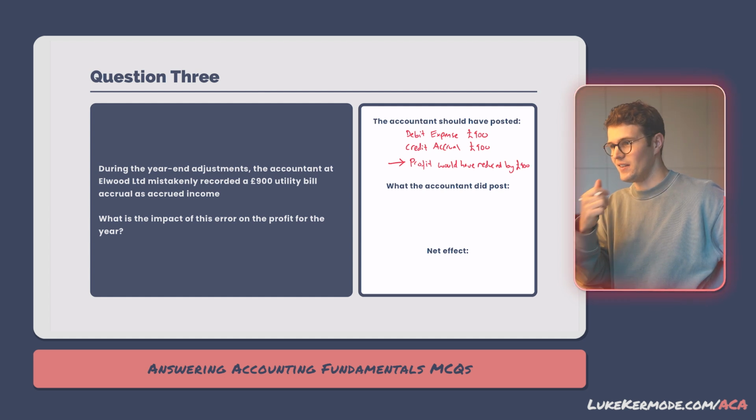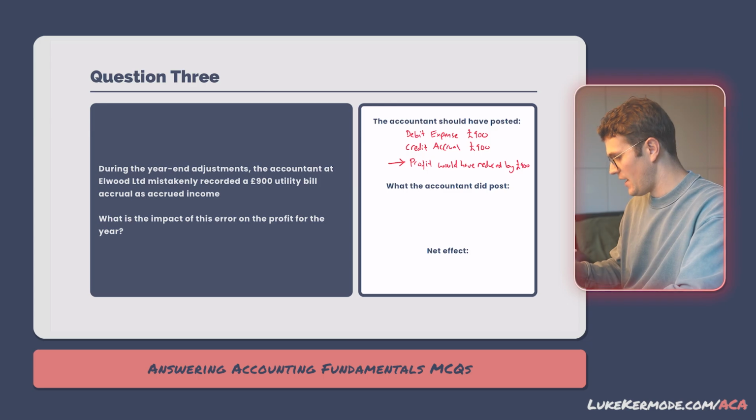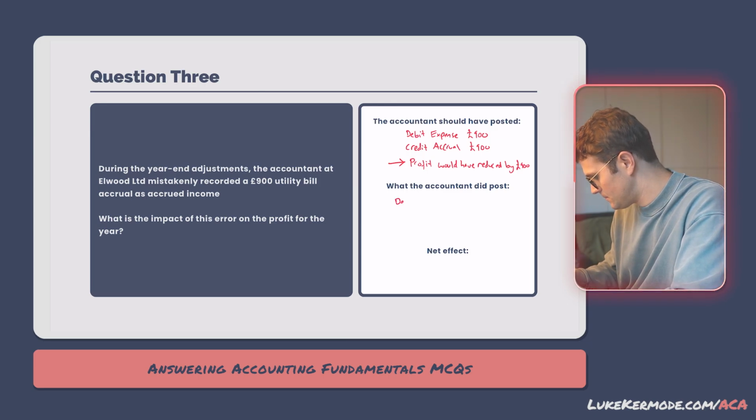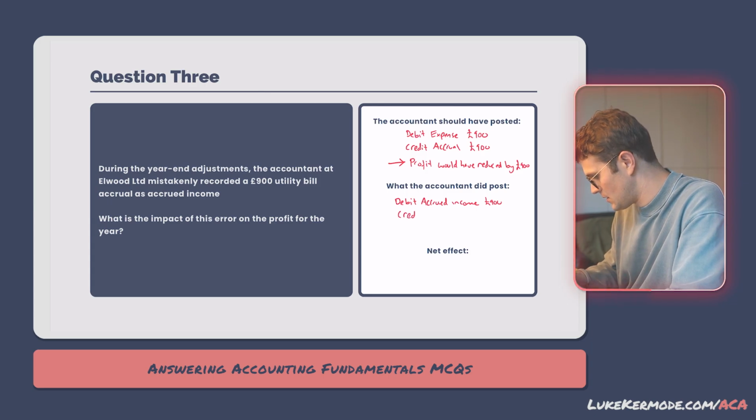So instead of recording this as an accrual, what the accountant did was they recorded it as accrued income. So that means they debited the accrued income account by £900, and they will have credited sales or income by £900.